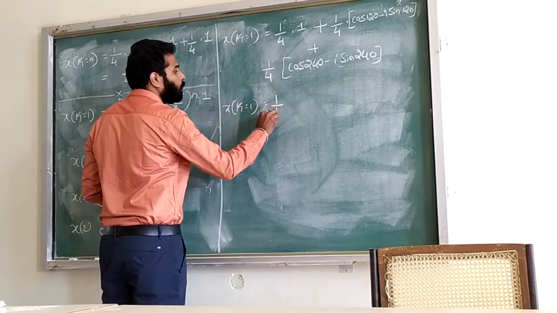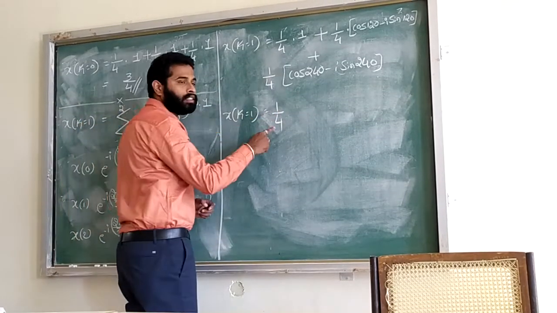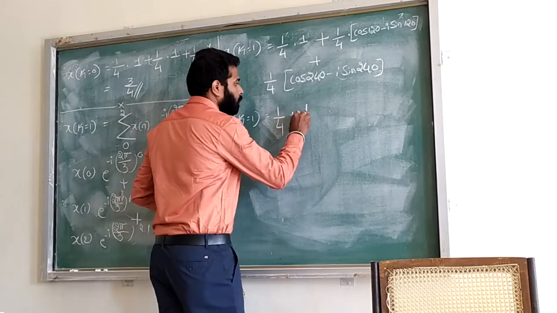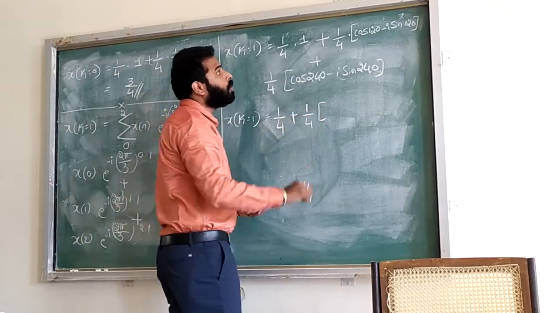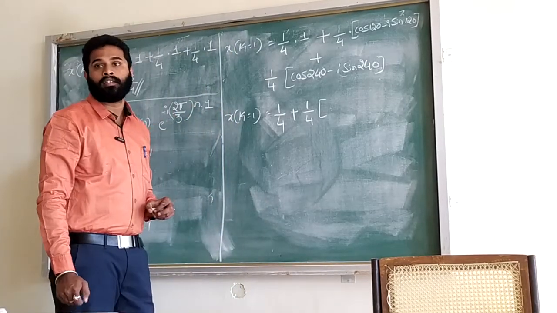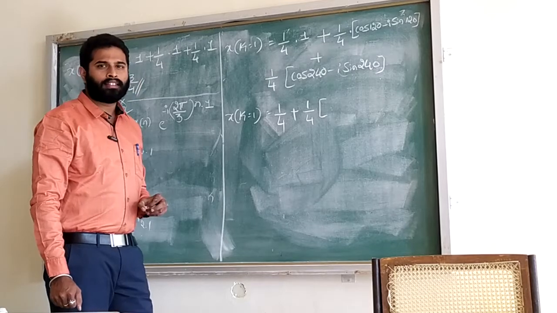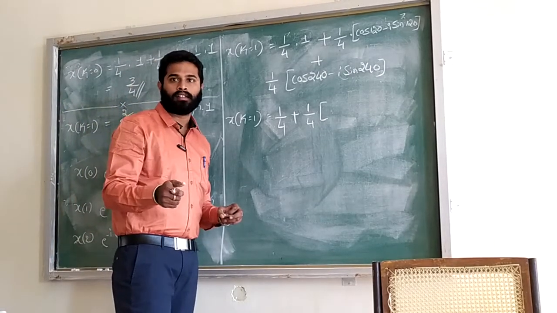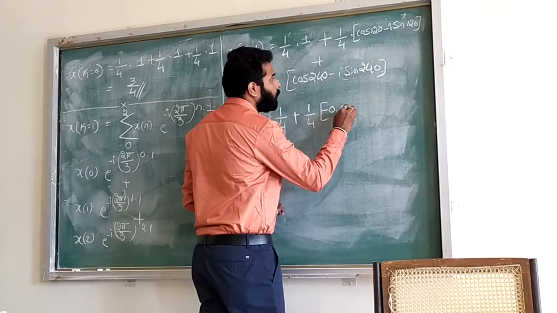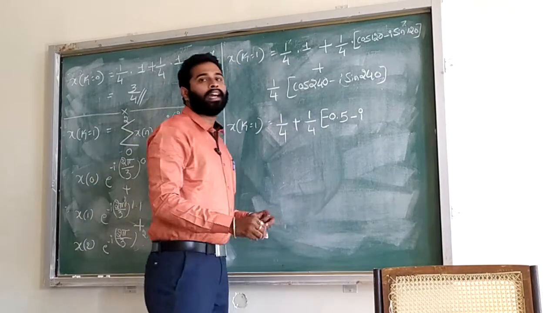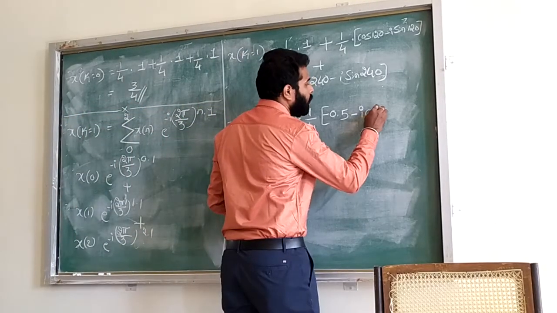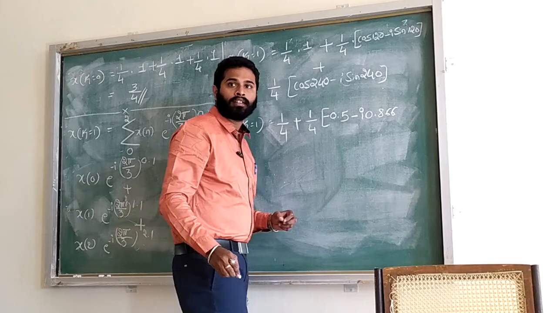So X at k is equal to 1 is equal to 1 by 4, plus 1 by 4 into cos 120, which is minus 0.5, minus I sin 120, which is 0.866. Is it minus or plus?